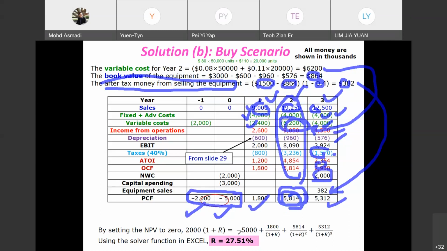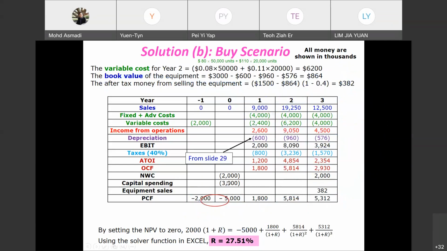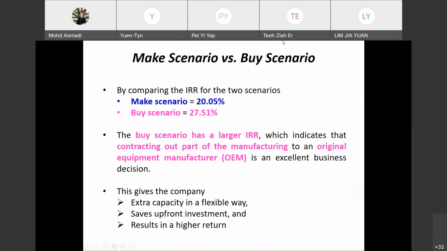So if you look at here, the IRR is 27.51%. So when we do the comparison of the make scenario and the buy scenario, the IRR is much higher than the make scenario. So we choose the buy scenario, we favor the buy scenario.